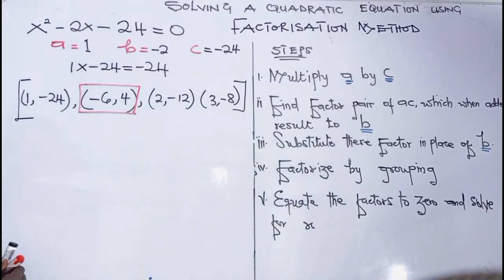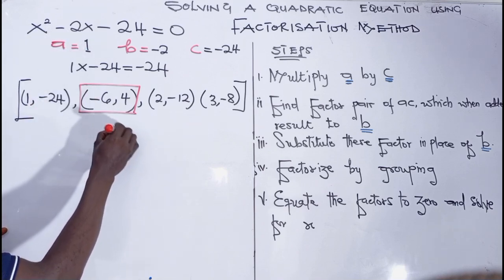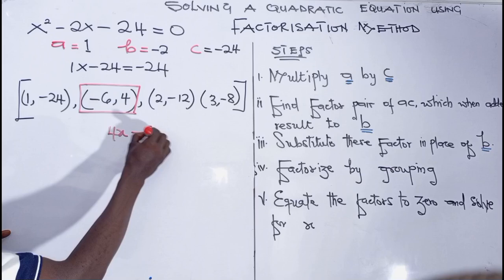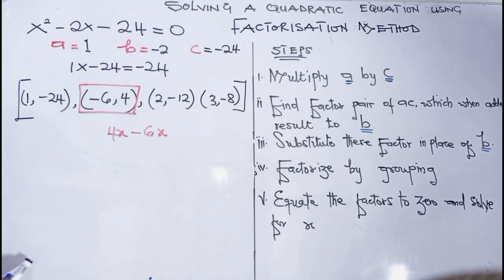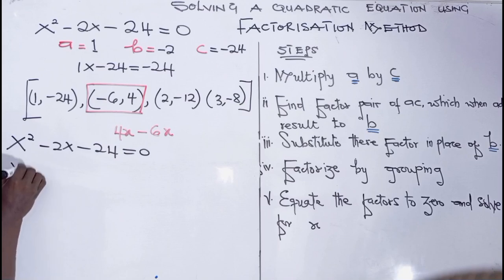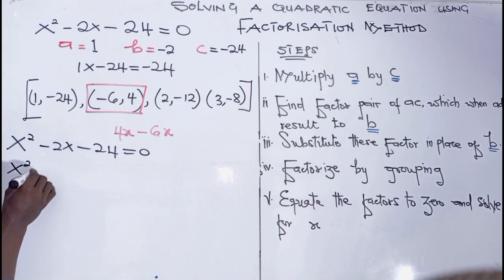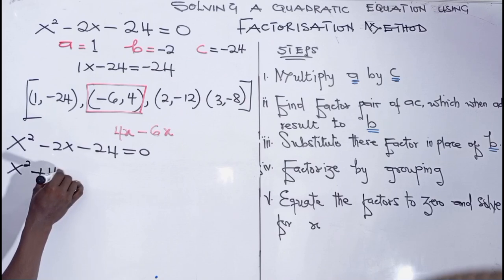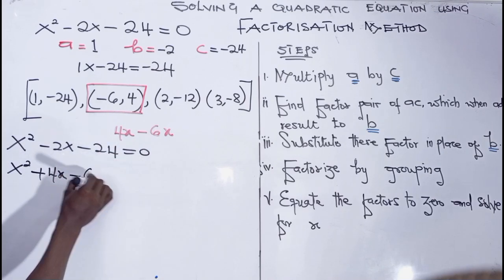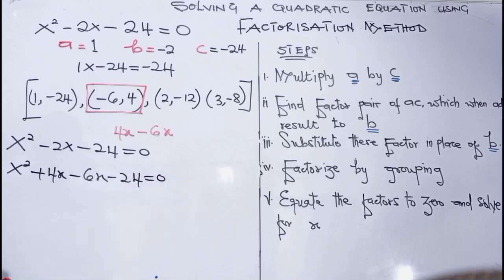So it means that in place of this minus 2x, we are going to substitute 4x minus what? 6x. So let's do that. So we are going to substitute this in place of what? Minus 2x. So we have plus 4x minus 6x minus 24. That gives us what? 0.